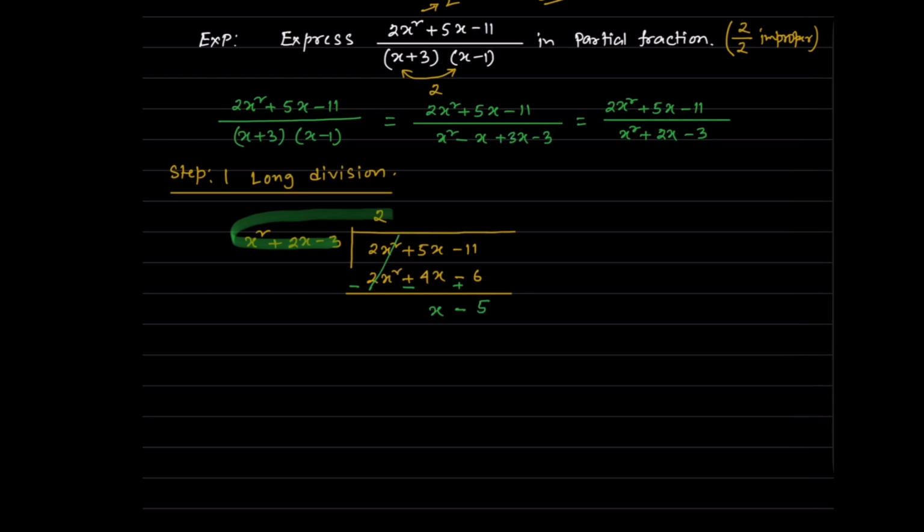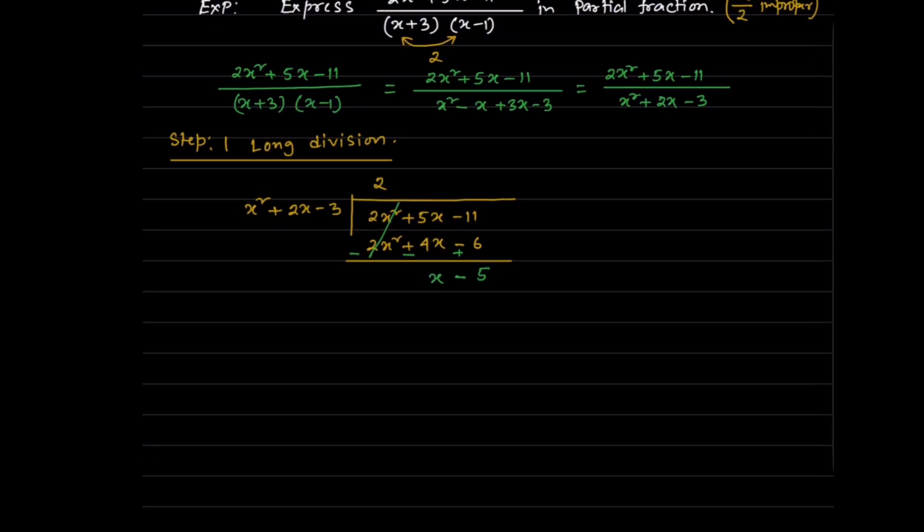After that you cannot do anything because your inner terms are lower than the outer terms. So our long division is finished, and this 2 is our quotient, this part is our divisor, and this part is our remainder.